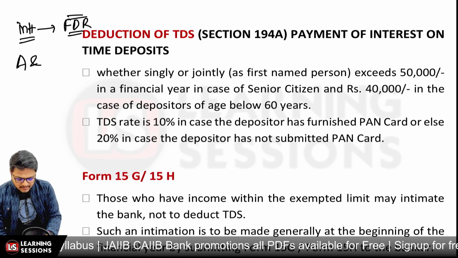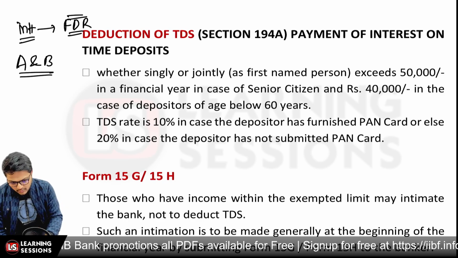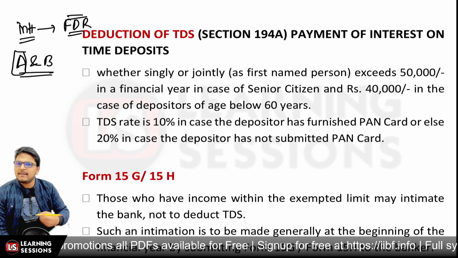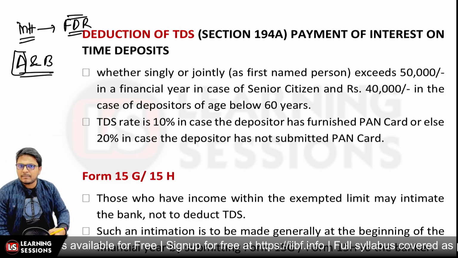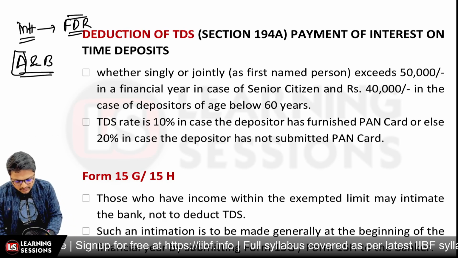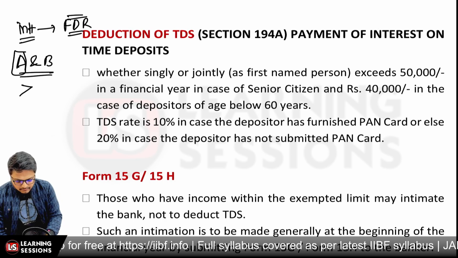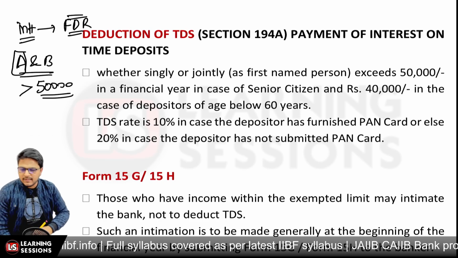Let's say A and B have a former or survivor account or either or survivor account. In that scenario, the first name holder A will be considered only. If the total interest paid to person A, being a senior citizen, exceeds 50,000 rupees in the financial year, in that case TDS will be deductible.